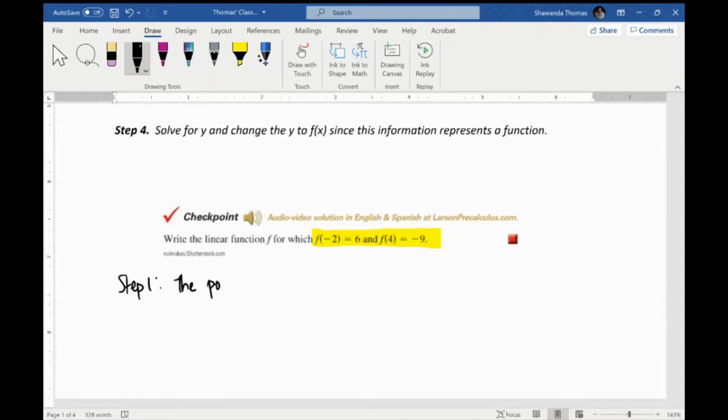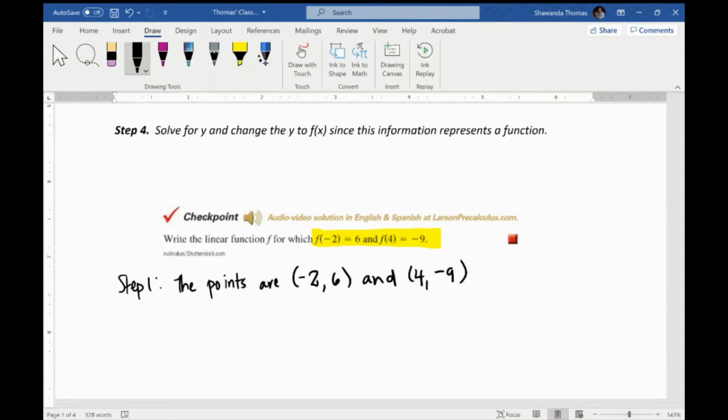Those are our points. That's our x and our y for the first equation and the x and y for the second one.